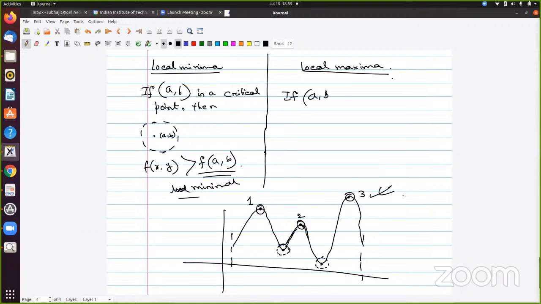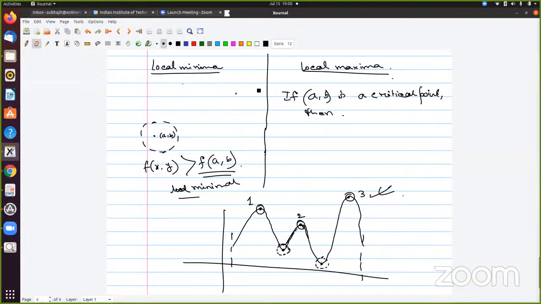If (a, b) is a critical point, then I mean critical point is also not needed for this definition basically. So the definition is if we take a neighborhood of some point and all the functional values around that point are greater than the functional value at that point, then it is a minima.